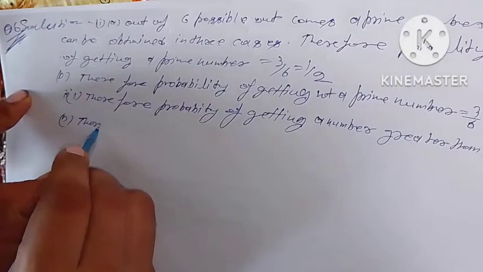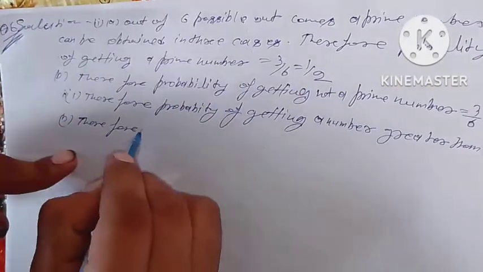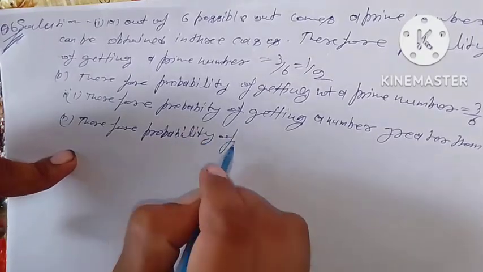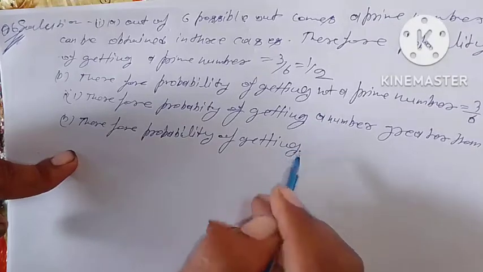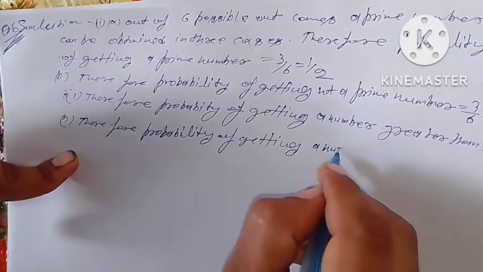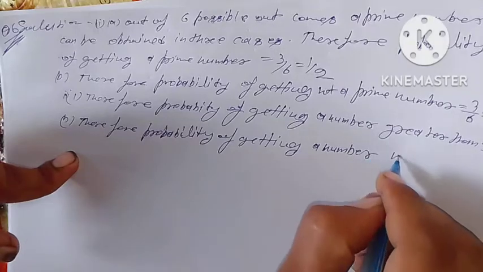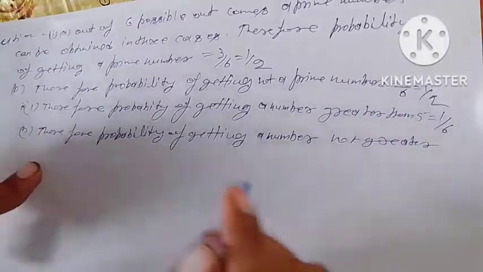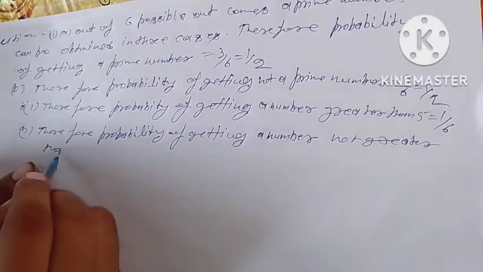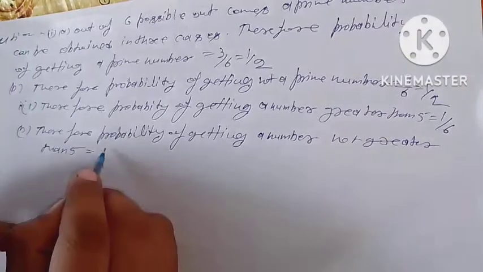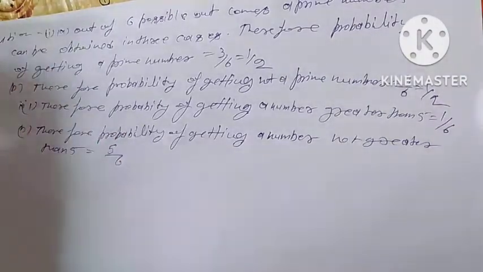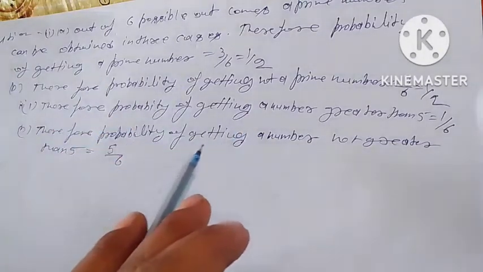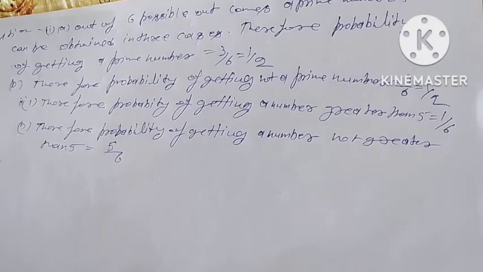Therefore, probability of getting a number not greater than 5 is 5 upon 6. Okay, thank you. This question is solved according to question number 2.